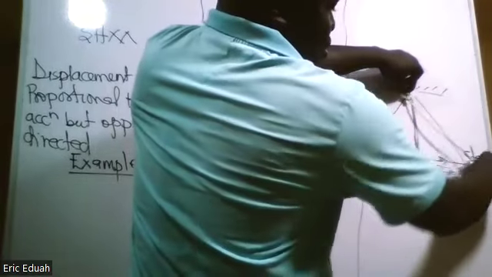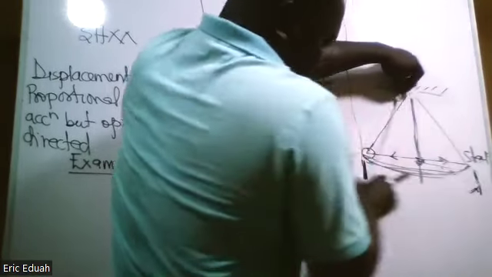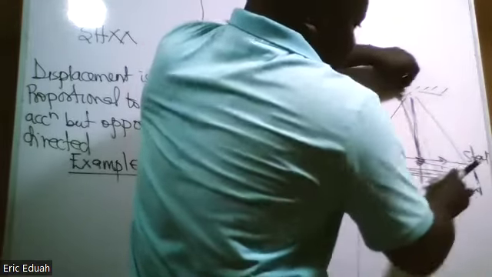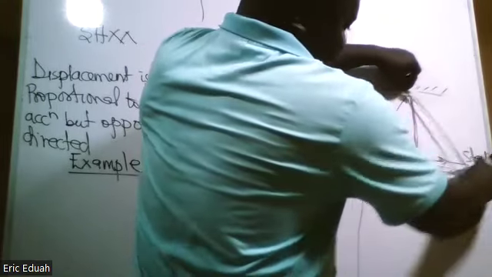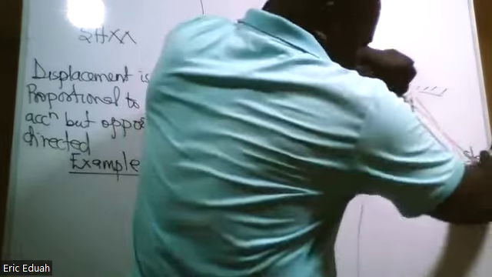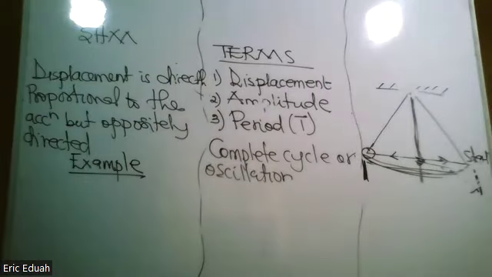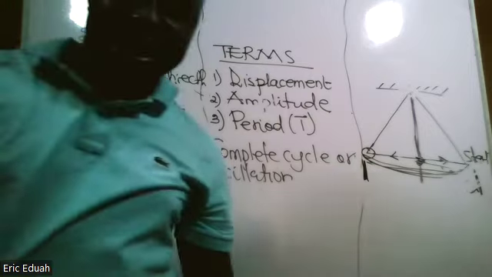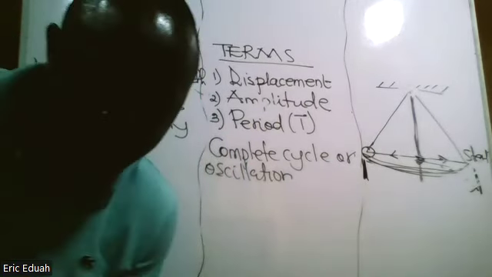The time taken to move from here and then come back is a period. So I start from here. Anytime it comes back, a period, another period, another period, on and on. So the period is defined as the time taken to make one complete cycle or oscillation.